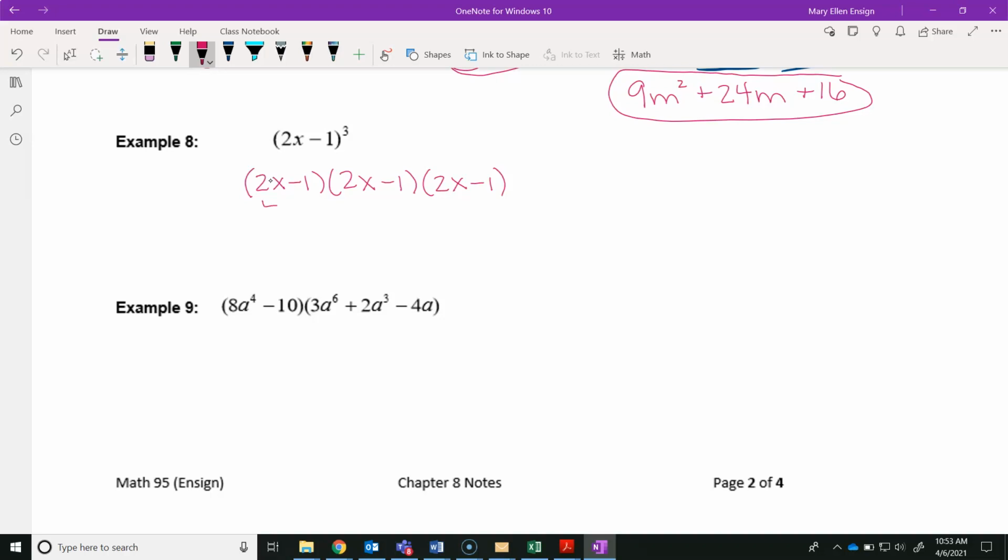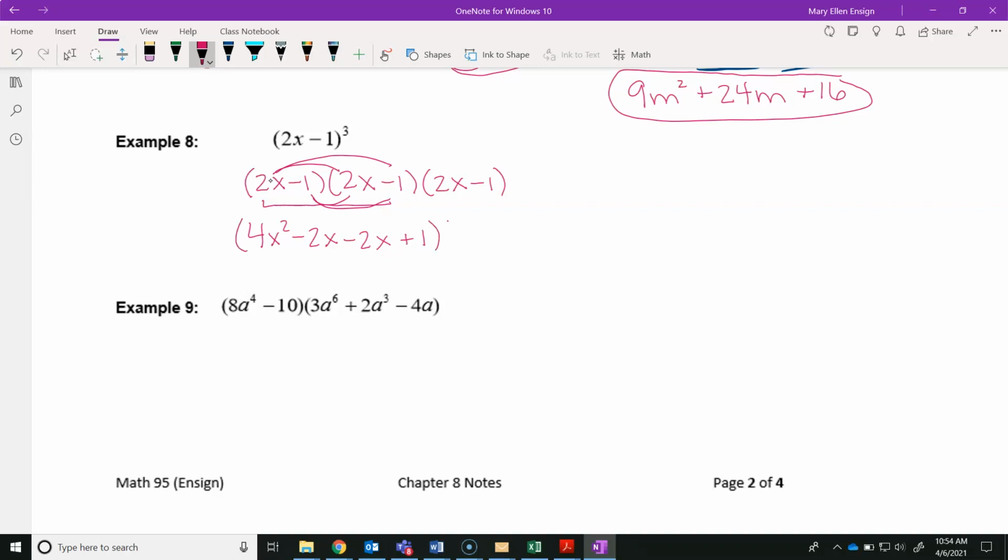So let's first look at these two, okay? 2x times 2x is 4x squared. And then I have minus 2x minus 2x plus 1. So that's what I got with those two.